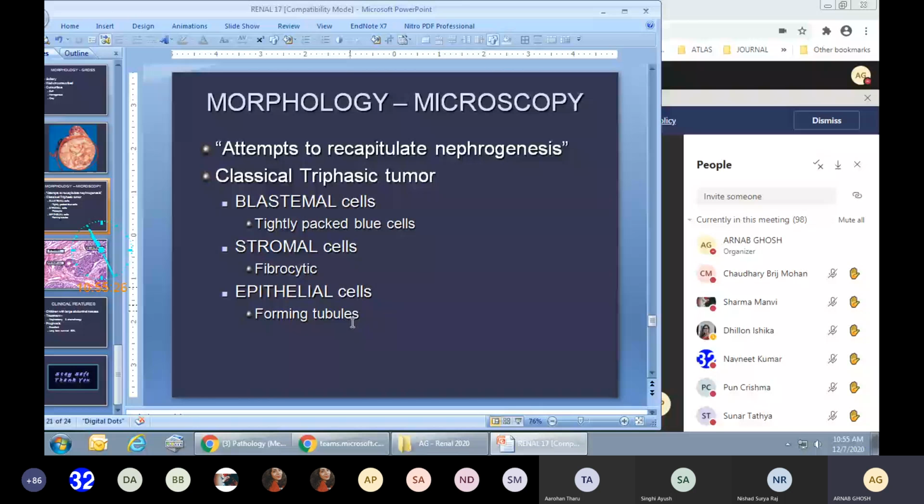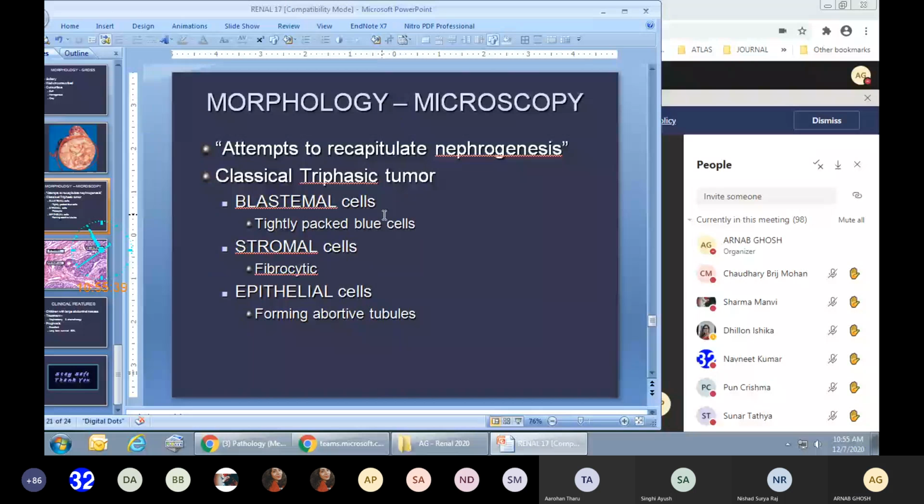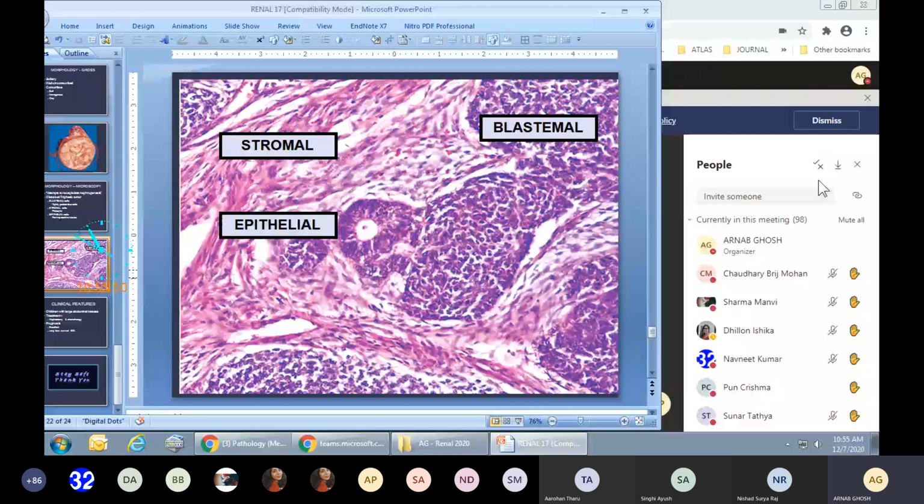I'll write the word here actually. So blastemal cells, stromal cells, and epithelial cells. Is it okay with all of you? Clear? Yes, all of you okay, right? Blastemal, stromal, epithelial. This you have to remember.